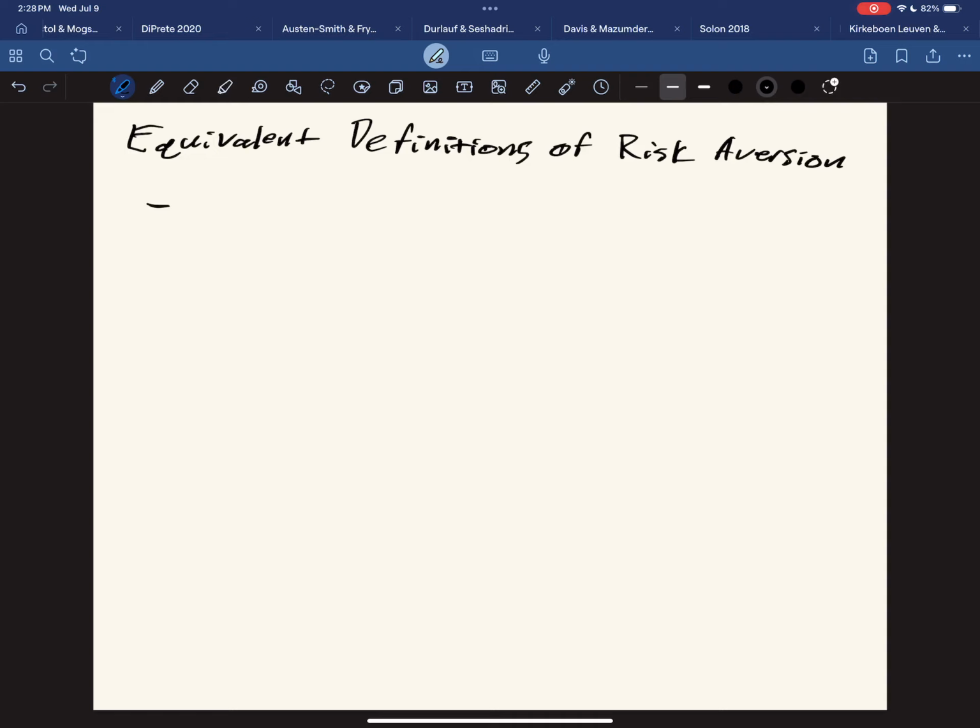So, definition one: U double prime of I is less than 0. Definition two: the utility of the expected value of my income is higher than the expected utility of my income.